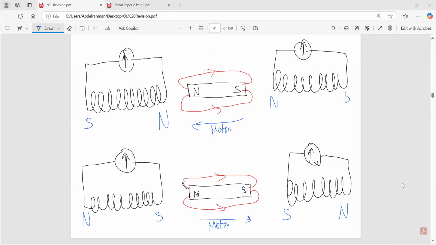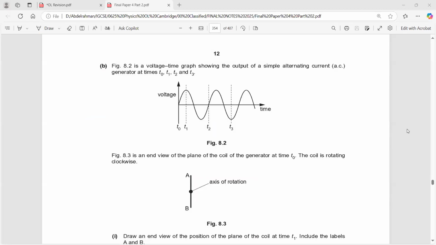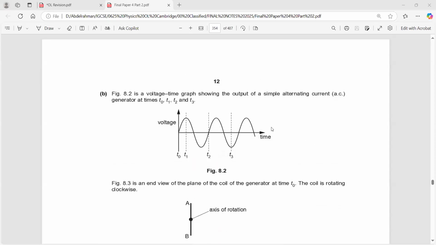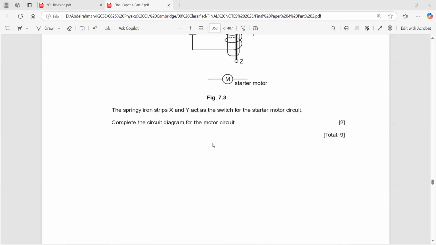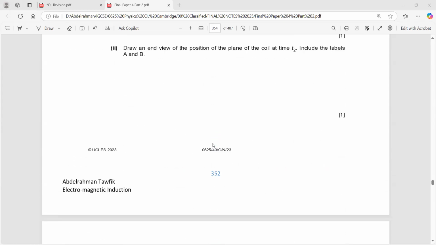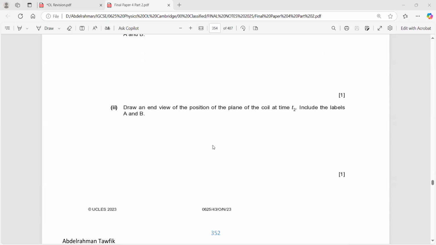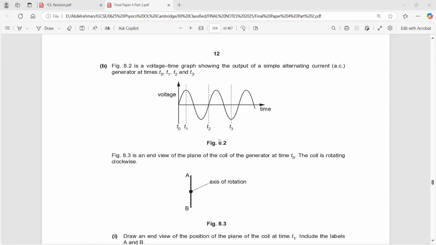It should be page 352. Is this part of page 351? No, it's not part of page 351. Page 352.